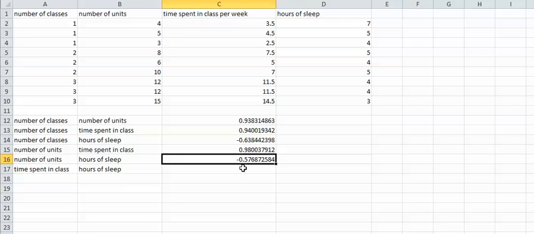It's closer to 0. Time spent in class and hours of sleep should be negative. We saw how students who are taking more classes and are spending more time in class are getting less sleep, probably because they're doing more homework. So let's take a look at this.